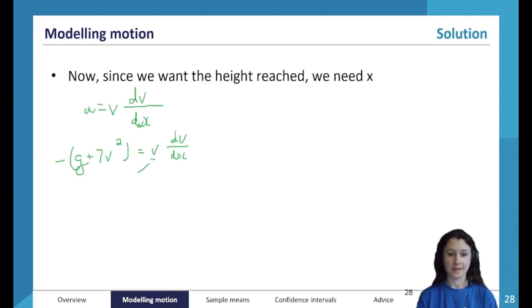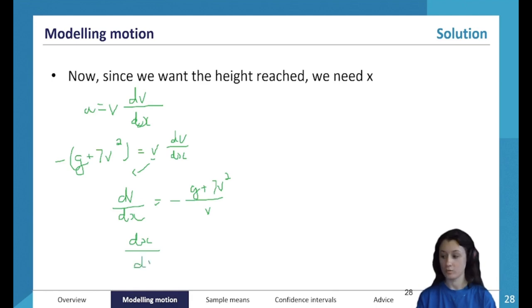To do that, we need to get rid of this v, take it over to the other side. So we're going to have dv/dx equals (negative g plus 7v squared) on v. Now we can solve this differential equation. We want to get x equals, so we want dx on the top. We want to isolate x, which means we want dx on the top. So we're actually going to invert this whole fraction.